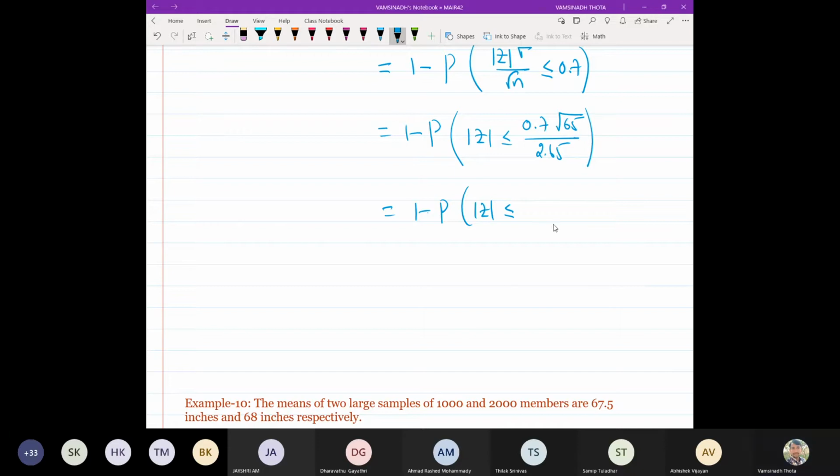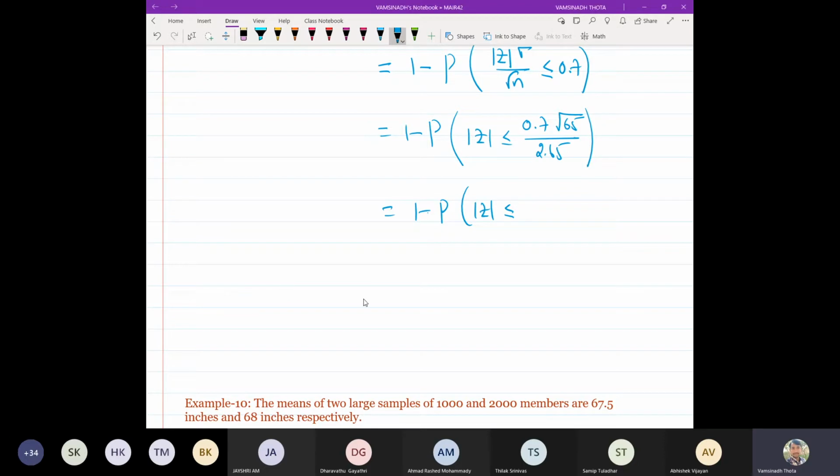$2.1296. $0.7 times. Okay. So it is times 0.7 is equal to divided by 2.65.